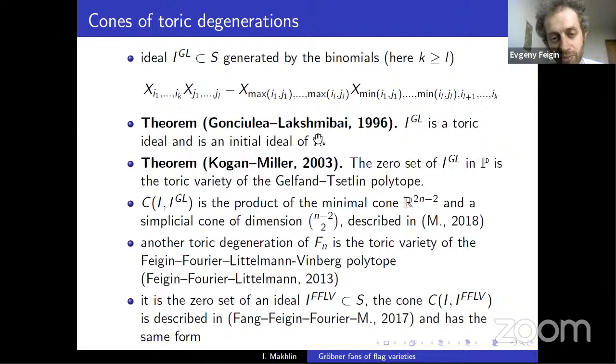And I think Lakshmibai and Gonciulea got interested in this subject because of these papers by Batyrev and co-authors. Yeah, it could be, but the Grassmannian case, as I said, predates this Gonciulea-Lakshmibai paper by like 5 or 6 years. So it was in the very late 80s or the very early 90s that Sturmfels covered the Grassmannian case.